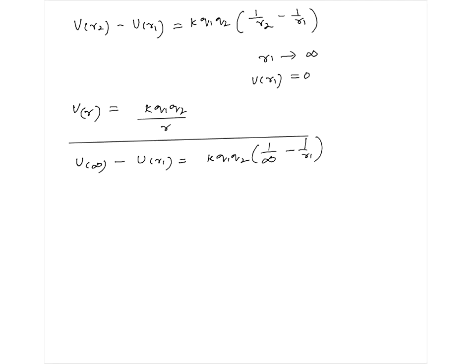U infinity is 0. So it won't really matter. Minus minus cancels. So U at R1 is K Q1 Q2 by R1. So it doesn't matter how you do it. Finally you will get the same answer. U at R will be K Q1 Q2 by R. Yes, any other question?